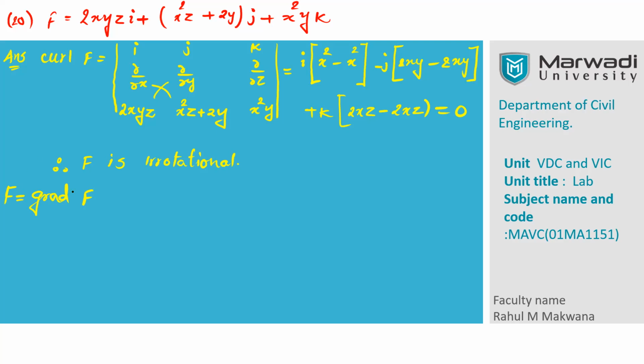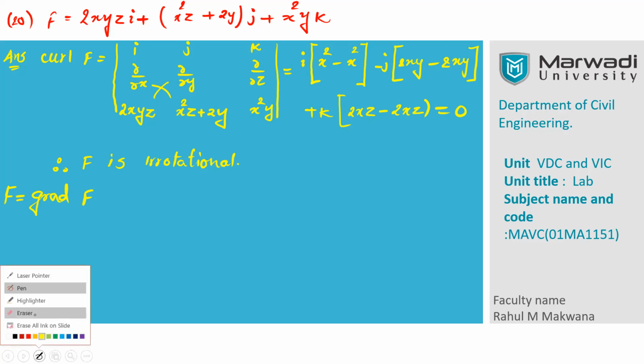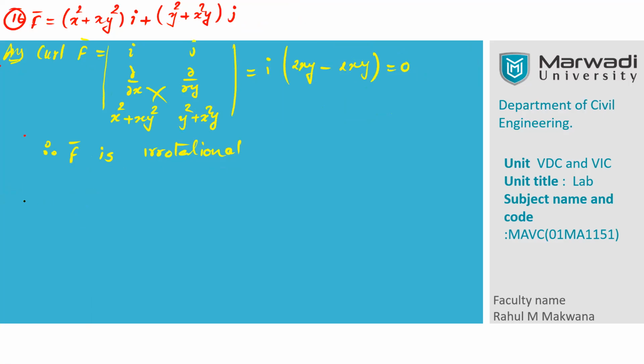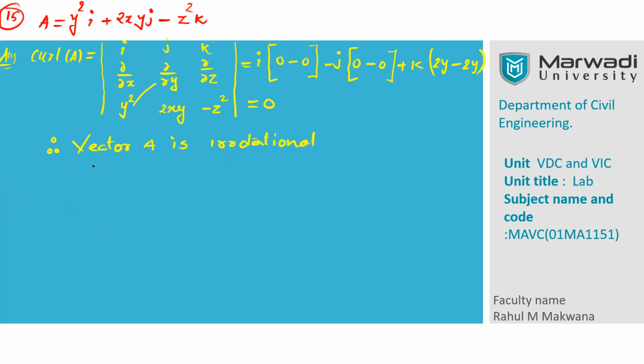So here, let us consider it as phi, gradient of phi. F is irrotational, so f is equals to gradient of phi.